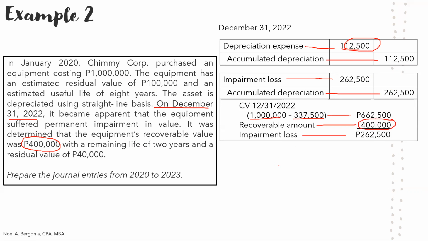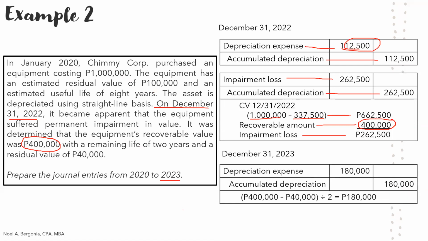Okay, so to continue, for our last entry in this example, you are asked to prepare the 2023 entry. So a year after, you will be depreciating on December 31, 2023, now using the recoverable amount. The recoverable amount was 400,000. If you noticed, the residual value also changed, it became 40,000.